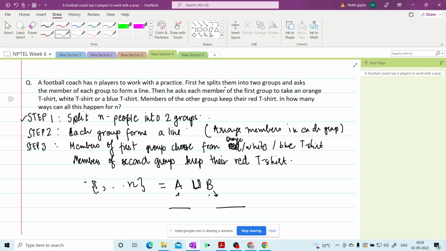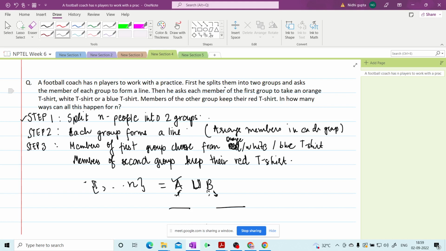And the third step is about the members of the first group. Here the order of the groups also matters. So after splitting them into two groups, the next step is that I am ordering these two groups. A is my first group, B is my second group.